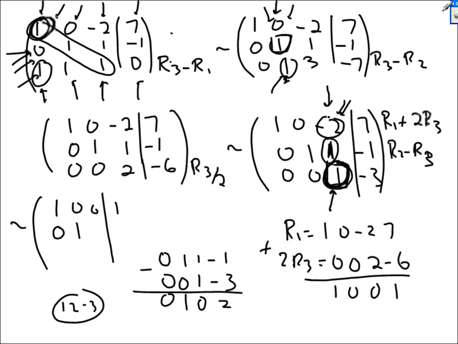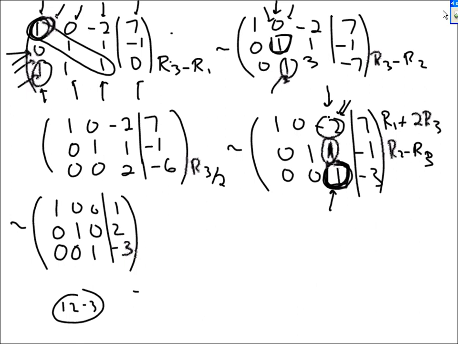Row 3, we didn't change. Now, with the exception of the diagonal, everything else is 0. Of course, I'm not talking about to the right of this line.